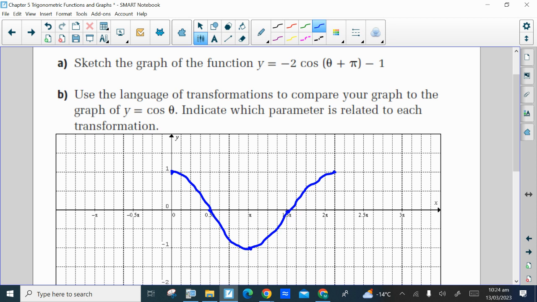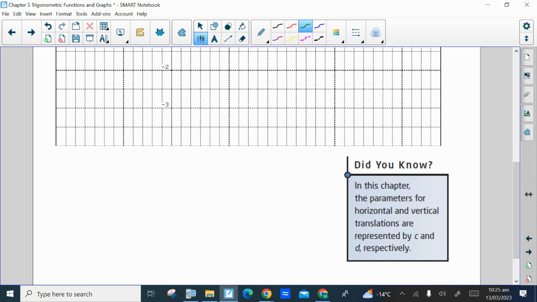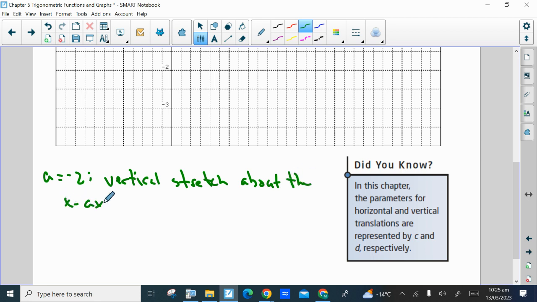So now we have 3 parameters that we need to discuss. First, we have an A value of -2. So that'll do 2 things. It'll cause a vertical stretch about the x-axis by a factor of 2. And a reflection about the x-axis.